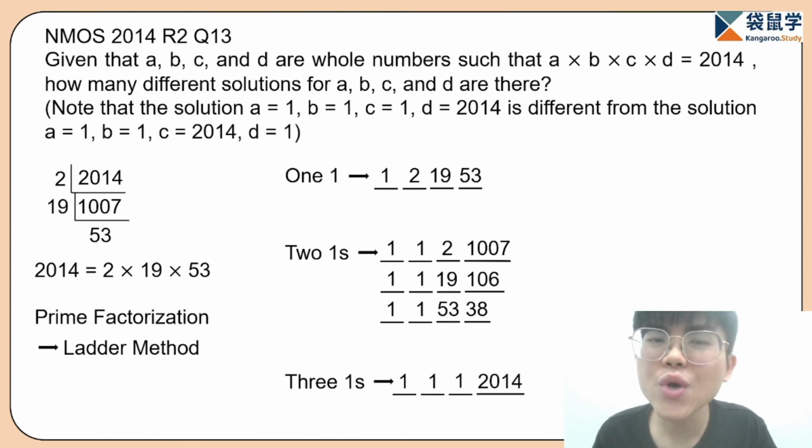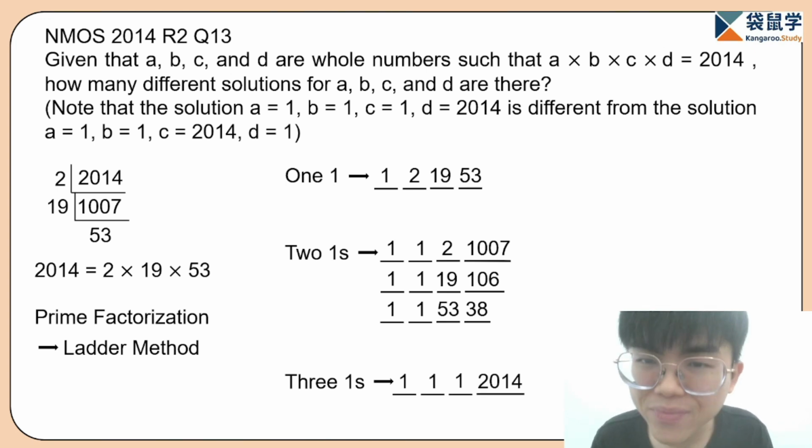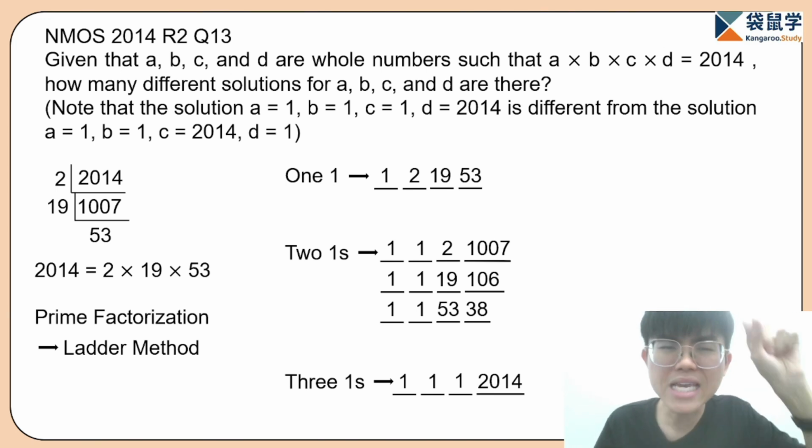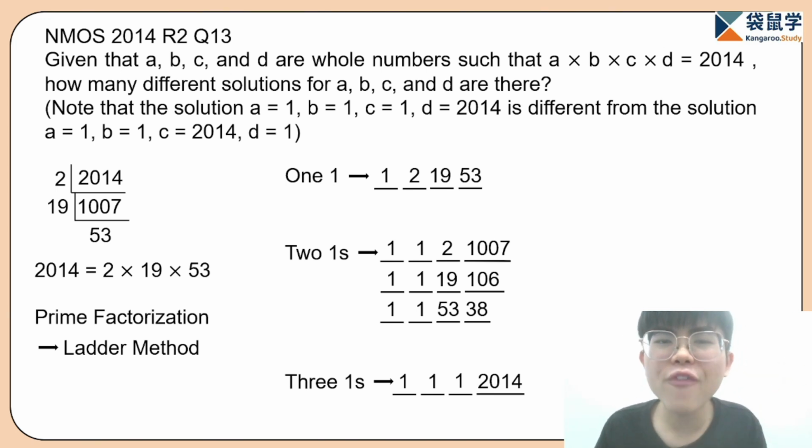Now what we need to do is find the different orders. Let's start from the top. We have the 4 numbers 1, 2, 19 and 53. How do we find how many orders there are? These 4 numbers are A, B, C and D. For the first number, let's say number 1, it can be any of the 4 letters.